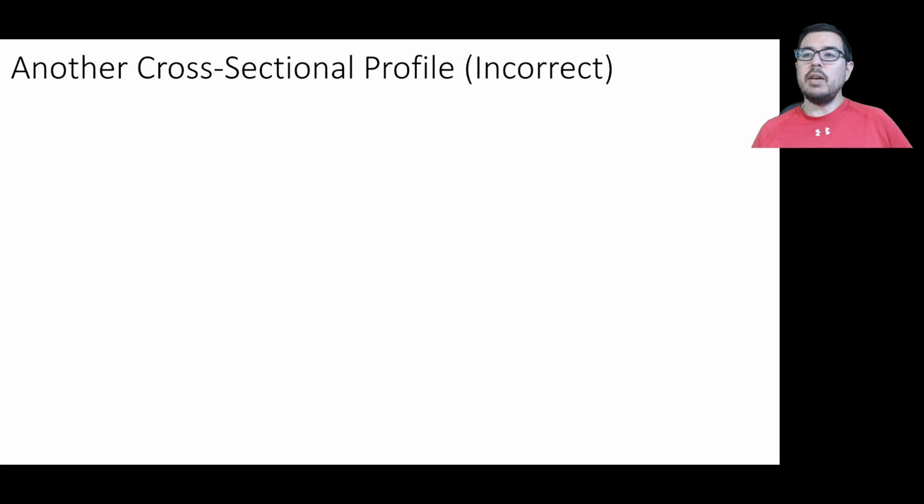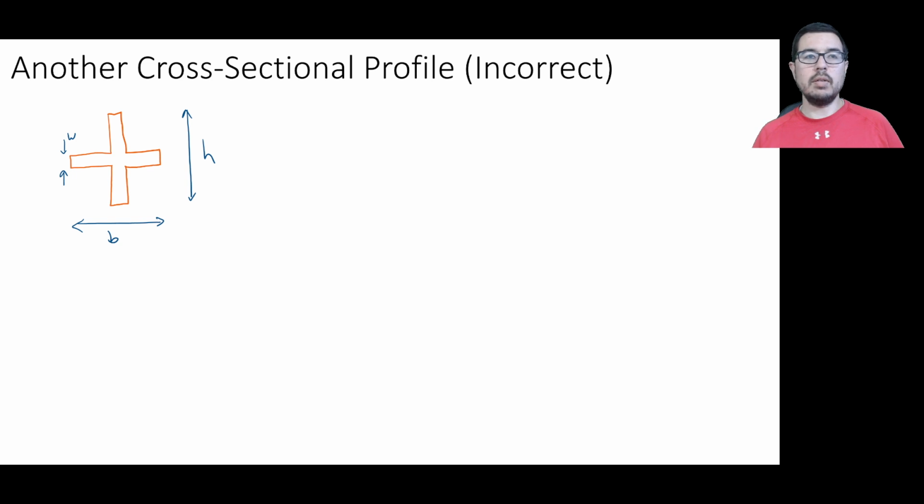Now, here is a temptation. Here is a tempting way to use the parallel axis theorem incorrectly. Let's say that we have this cross, as we see here, or this plus sign.